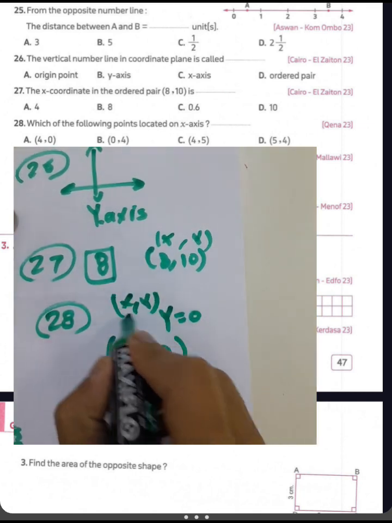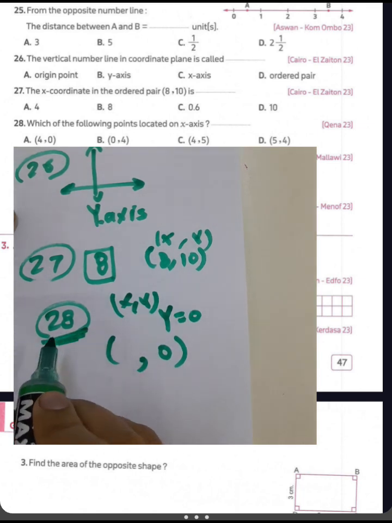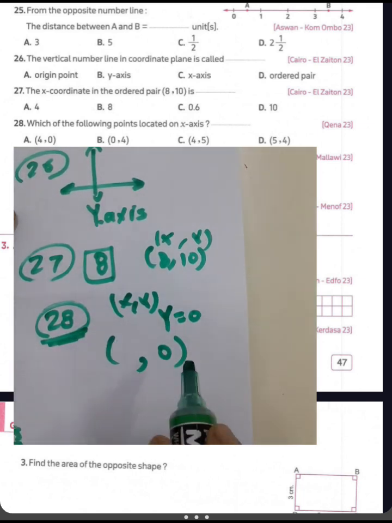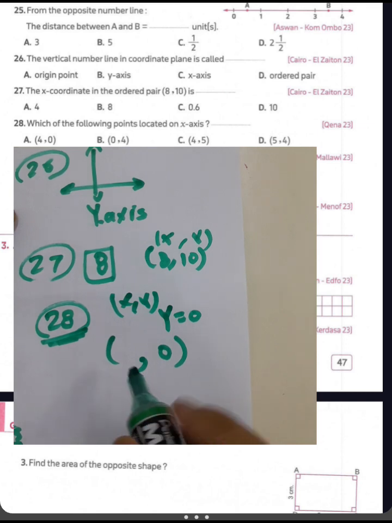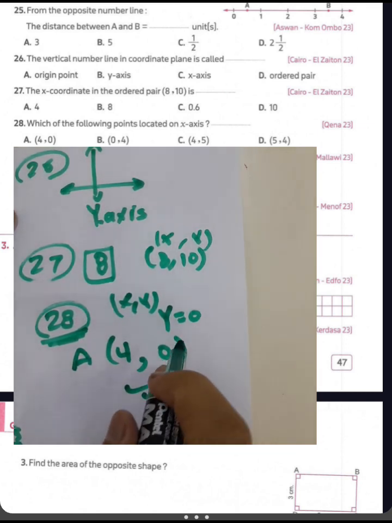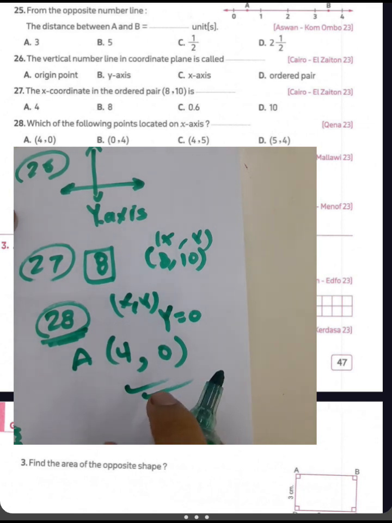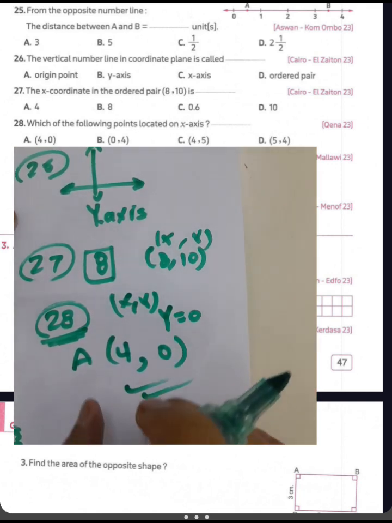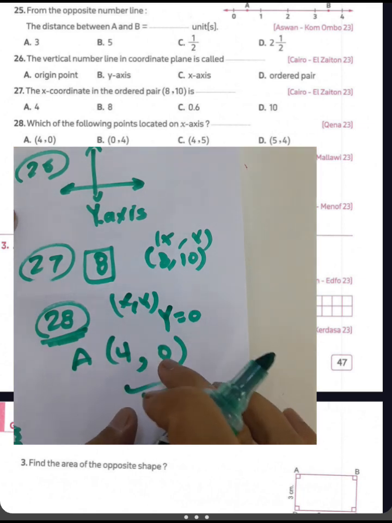Choose letter A, 4 and 0. Located on the x-axis means y equals 0.